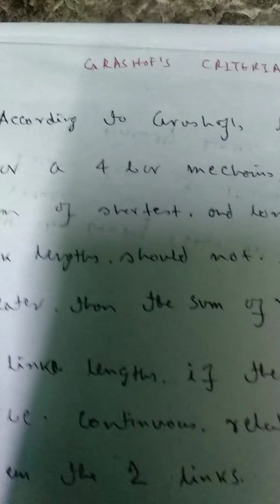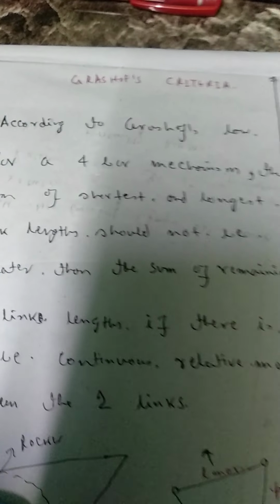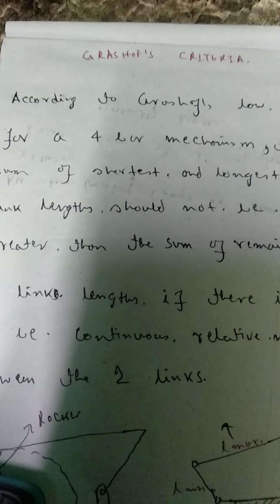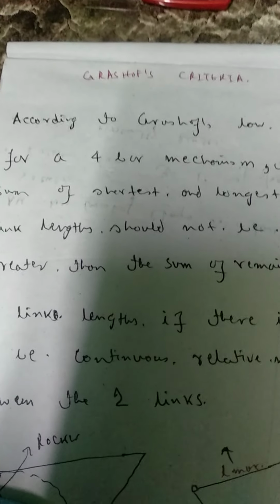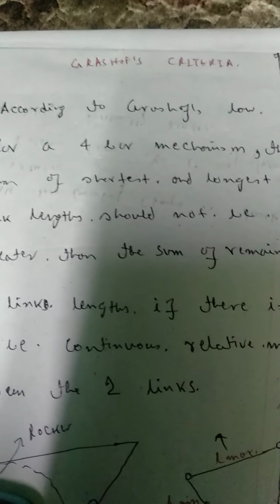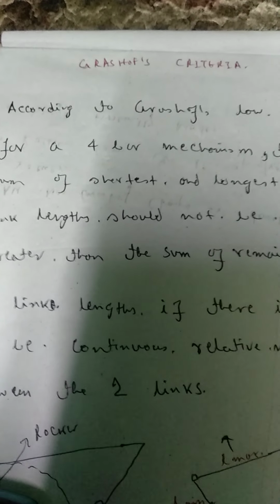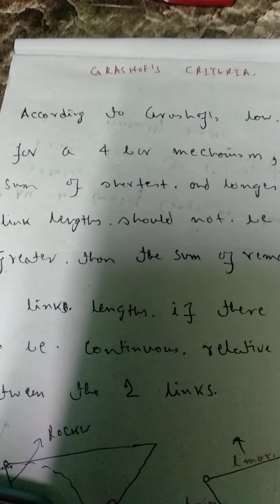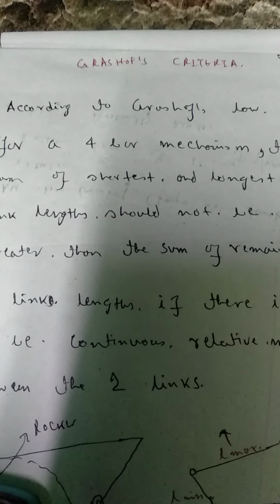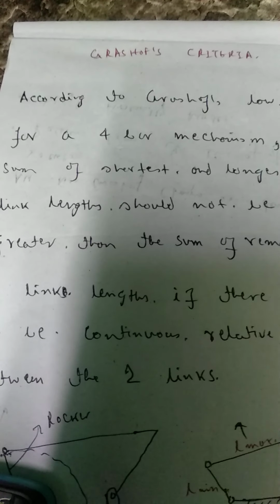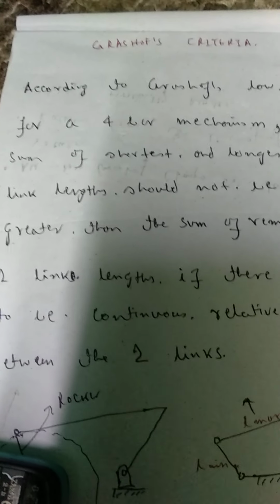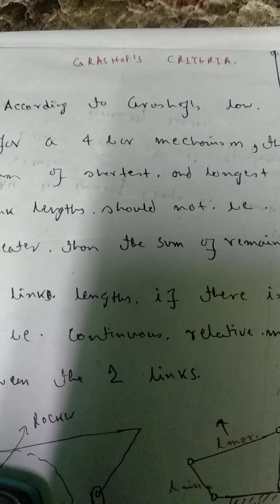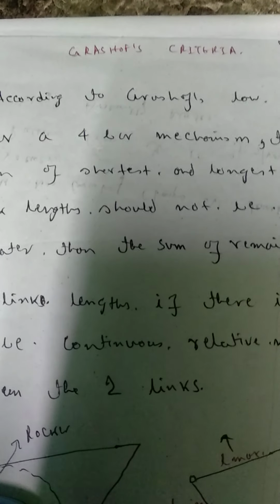You can see here the definition: according to Grashof's law, for a 4-bar mechanism, the sum of the shortest and longest link lengths should not be greater than the sum of the remaining link lengths, if there is to be continuous relative motion between the two links.